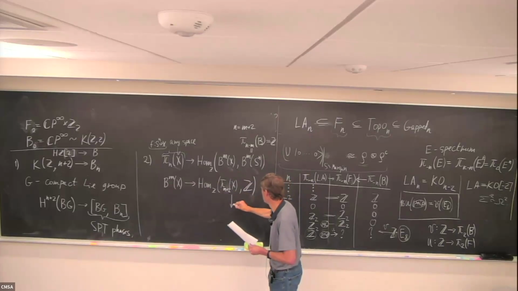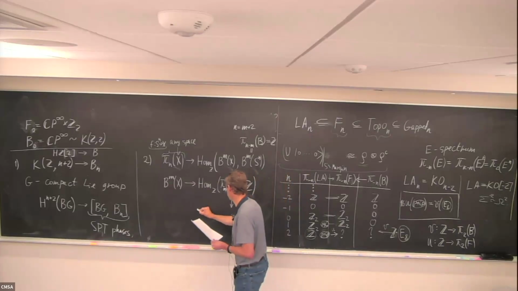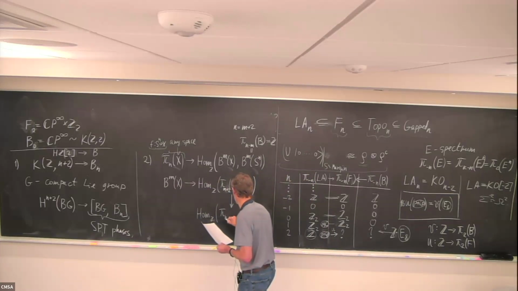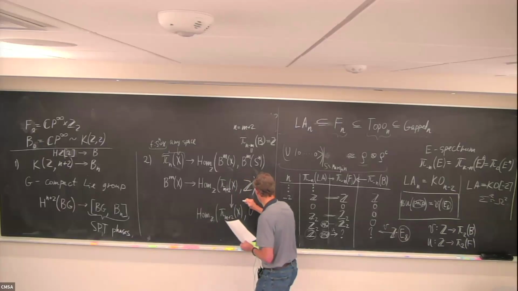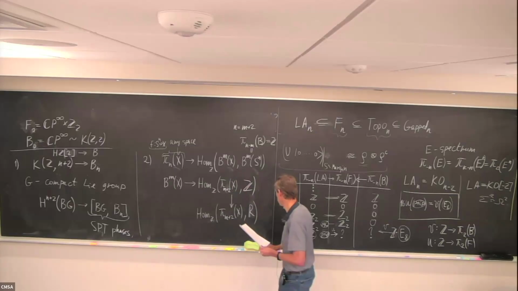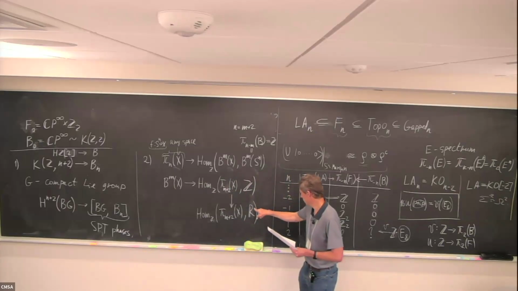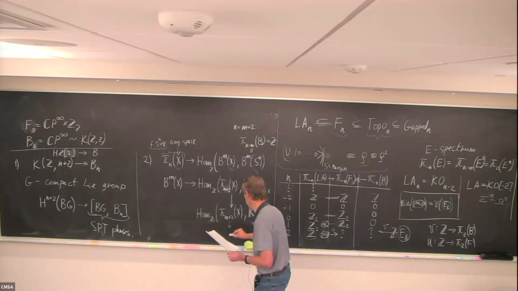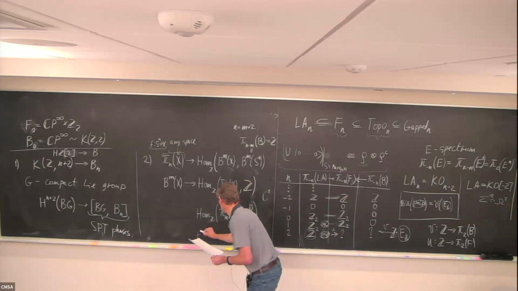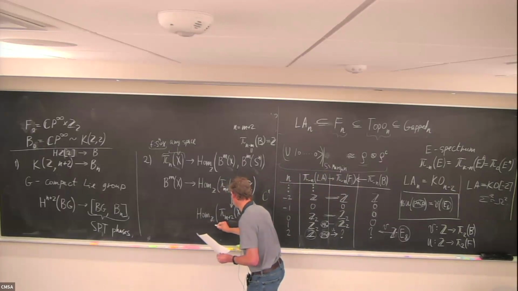And we can also map it to Hom, let me use R. Mike used C cross, but I'll use R. And we can continue to, I should say that this is an important equality.